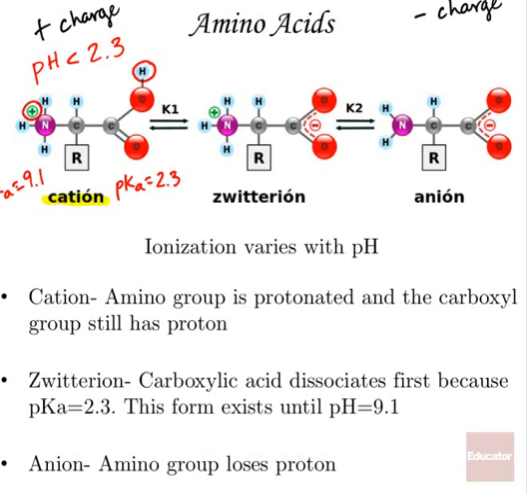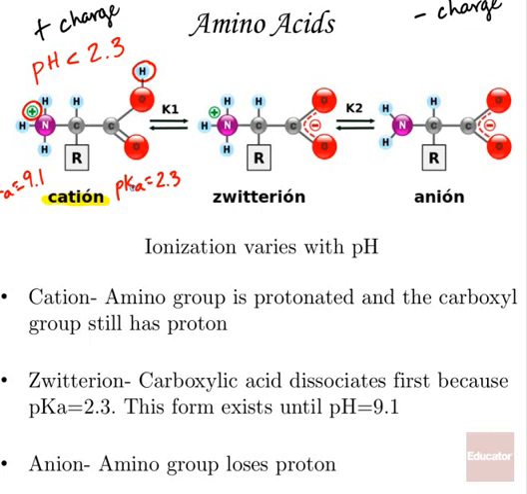All right? Now, when we increase our pH past that 2.3, we are going to start getting into what's called the Zwitterion form. And this is going to exist between the pKa of our carboxylic acid group and the pKa of our amino group.